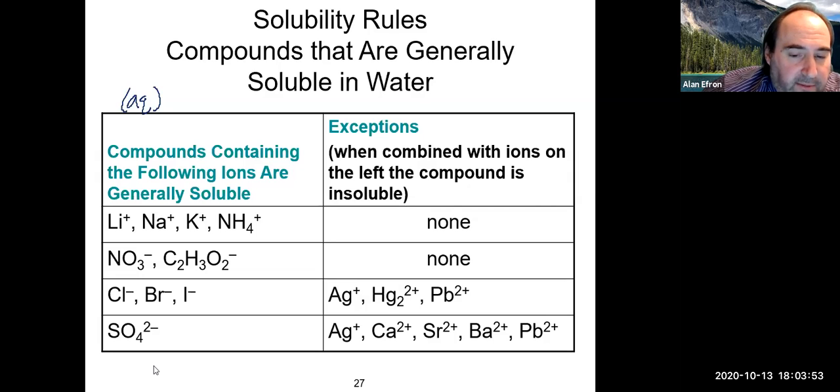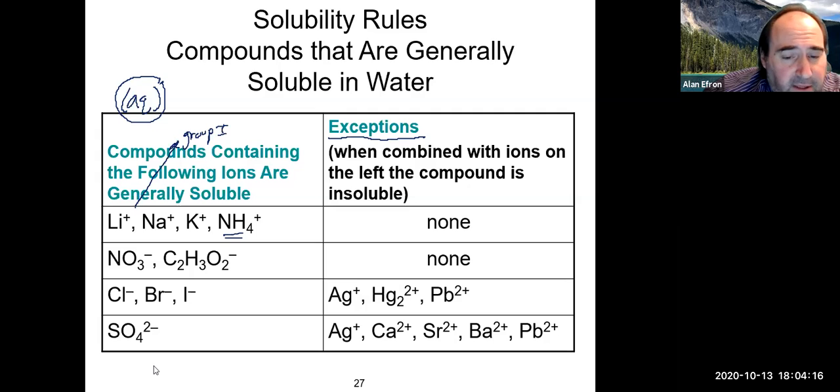And we know they're soluble in everything because, when we look at the exception category here, there are no exceptions. So as soon as you see something from group 1 on the periodic table or ammonium in it, you automatically know you can give it an aqueous symbol. It should not be a solid.